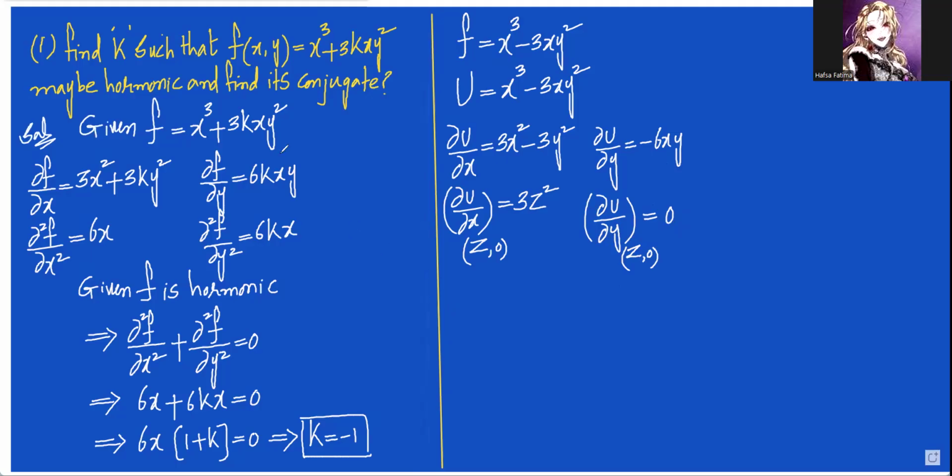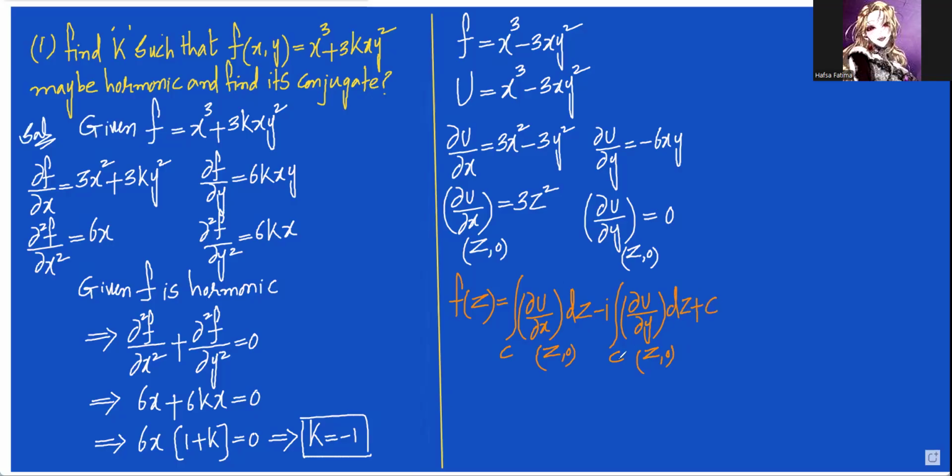Now we can find out f of z here. It is the correct time to go for f of z now. For the f of z, we have a formula. Integral over c of dou u by dou x at the point z comma 0 dz minus i integral over c of dou u by dou y at the point z comma 0 dz plus c.